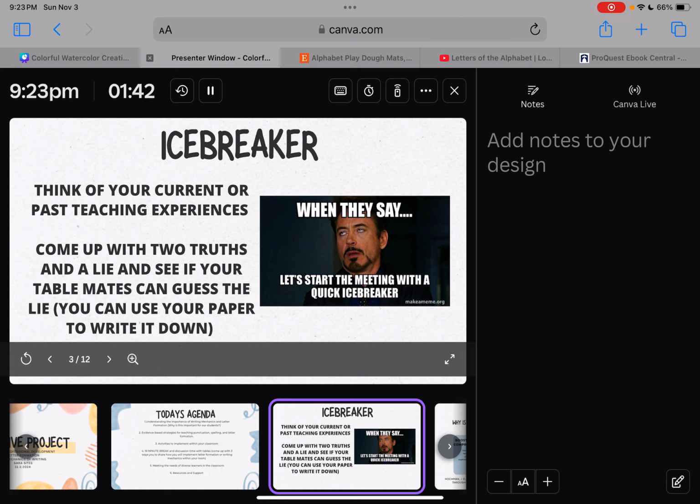So here's my 2 truths and a lie, and you can see if you can guess which one the lie is. Number 1, one time, I had a student who brought her father's ashes into my classroom, and then she accidentally spilled them all over the place. Number 2, once I had a parent email me to complain that I was just teaching too much because their child was coming home exhausted every day from thinking.